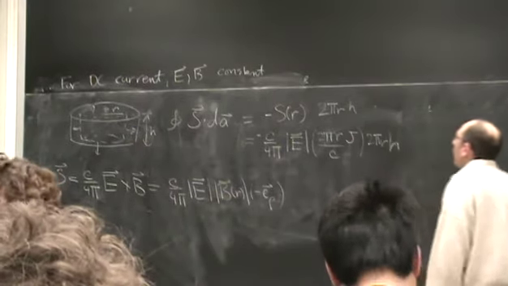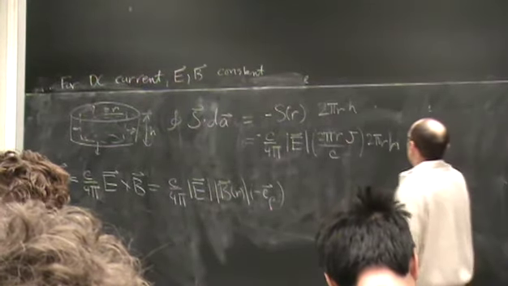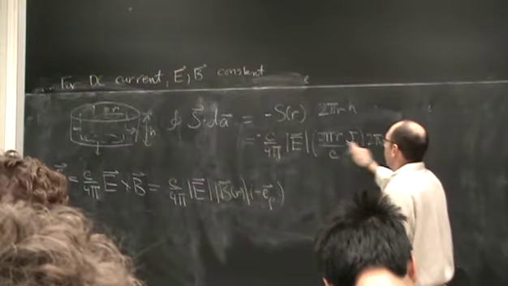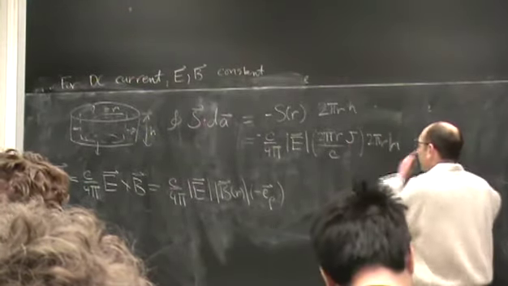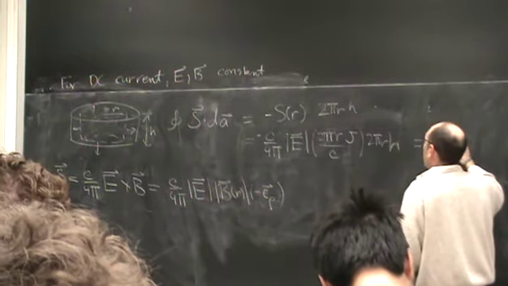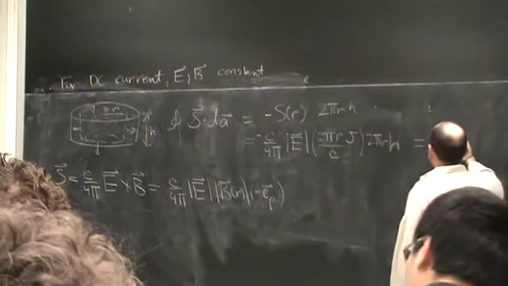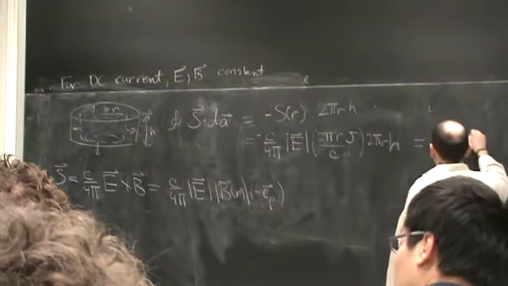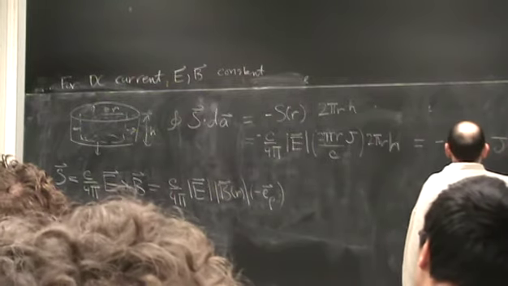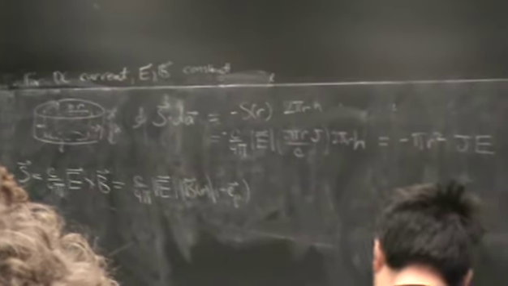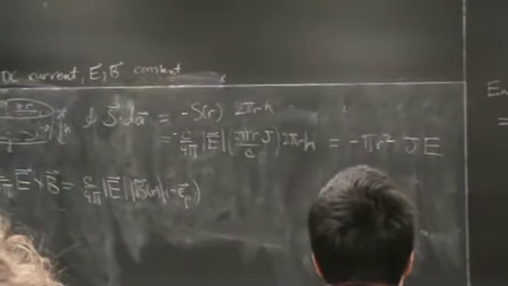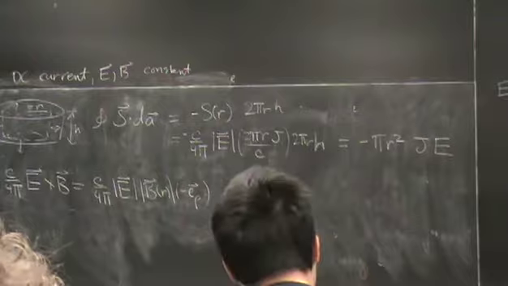Okay, let's see if we got it right. We get the 4's cancel, one of the pi's cancel. I have equal to minus, the c's cancel, pi r squared J E. Times h, yes, thank you. Important.